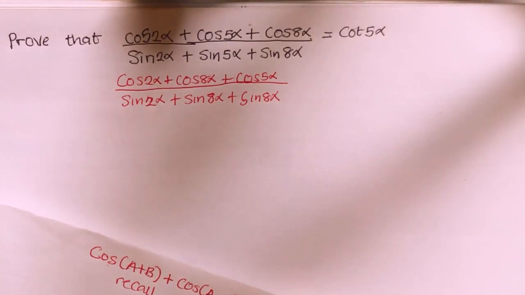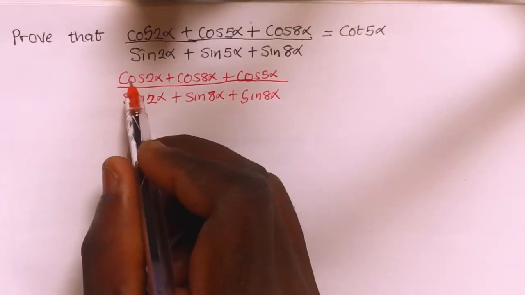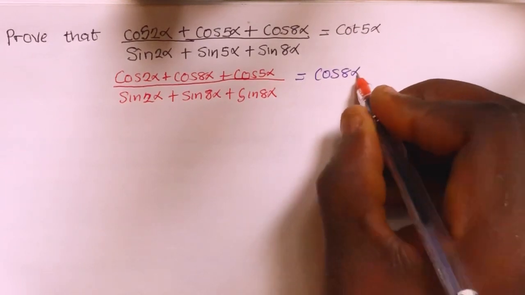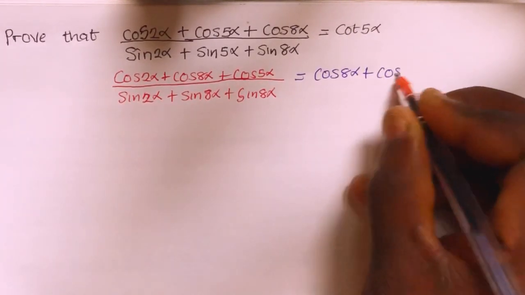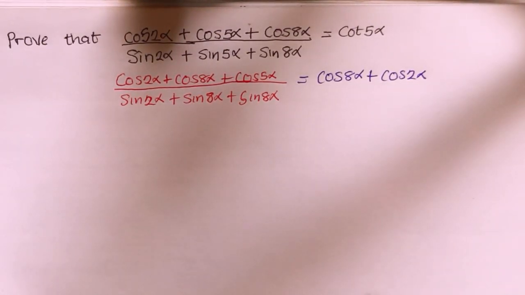Then the next thing you need to do here is that, before you apply the formula, you can actually rearrange this in a better form so that you have your cos 8 alpha here. Cos 8 alpha, right? Plus cos 2 alpha, so that you avoid getting a negative answer. Because when you go ahead and apply the formula, 2 minus 8 is negative 6, which is going to give you a negative form of answer.